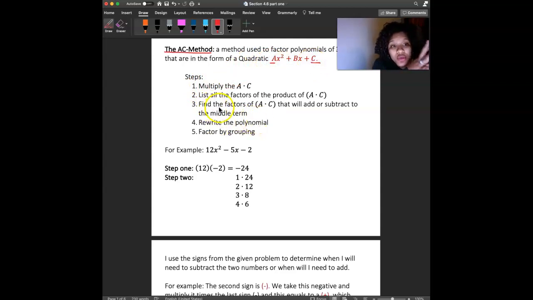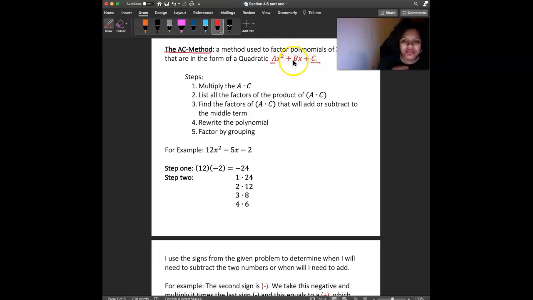Once you have multiplied, that will give you a number. So you want to list all the factors of this number, all the multiples of this. Once you have listed all the factors, you're going to look at them and see which of those will add or subtract to the middle term, the b.